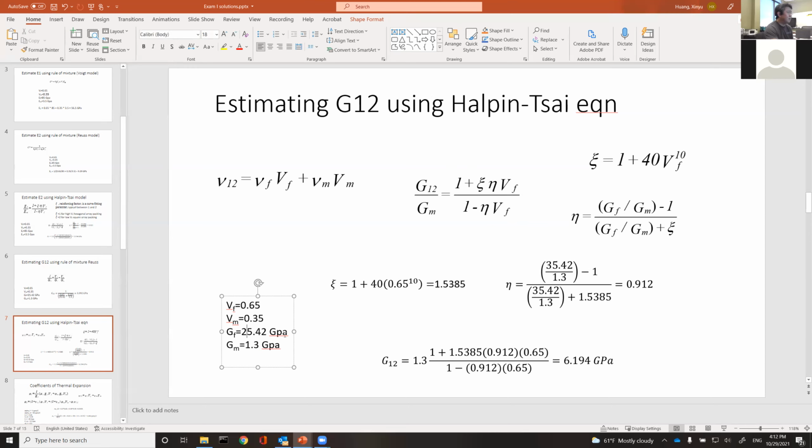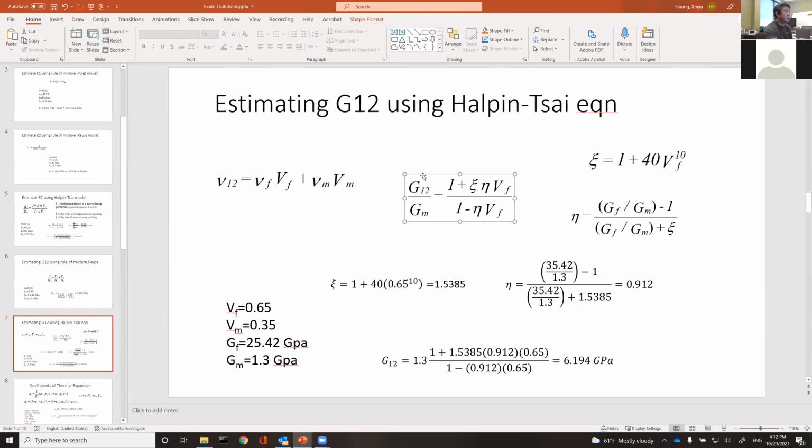I just stick this number in, the GF to GM ratio, and then minus 1 plus Kasi, and then my eta is 0.912. Finally, Kasi and eta go into this equation, which allows me to calculate G12. This is GM, 1.3, multiplied by this whole fraction right here. So this gave me a prediction of 6.194 gigapascal. This is G12.